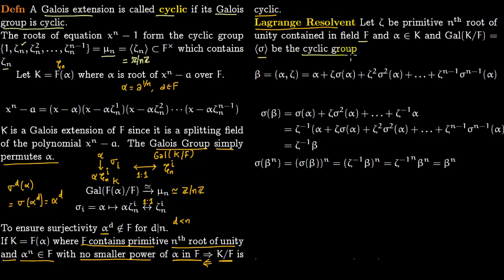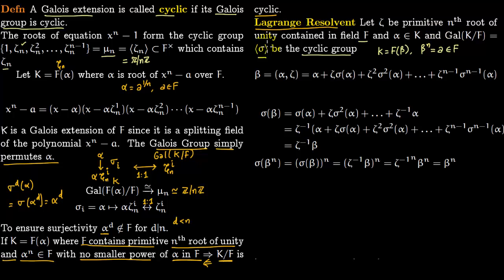Now what we will show is that K is of the form F adjoined with beta, where beta to the power of n is some a which lies in F. So in the reverse direction, instead of alpha we now have beta. We are taking our extension to be cyclic, so that means the Galois group is cyclic.